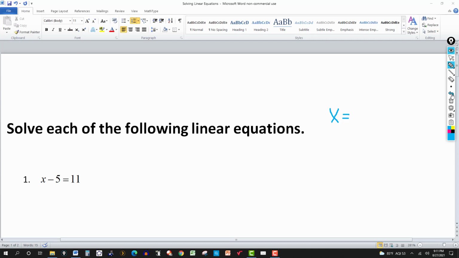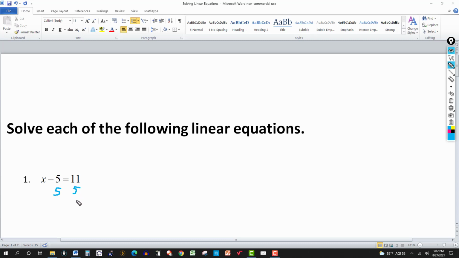So in this case, the procedure is to isolate the x. On the left side we have x minus 5 is equal to 11. We want to get rid of that minus 5. I know that if I add the opposite of negative 5, which is 5, that will cancel. So let's do that.